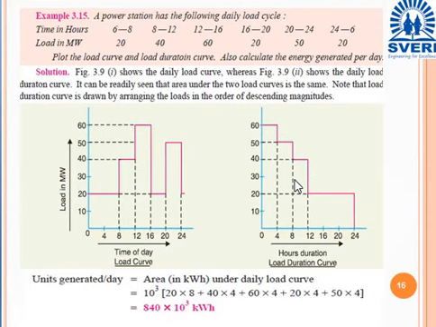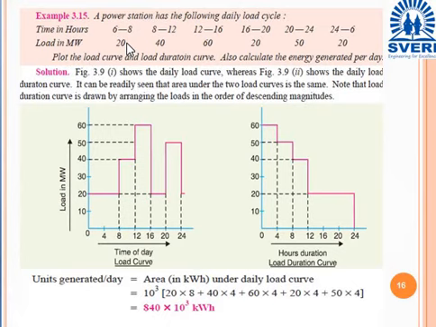Then the load will be 20 megawatt for almost 12 hours. We can see 16 to 20 means 4 hours, 24 to 6 means 6 hours, total 10 hours, and 6 to 8 means 2 hours.